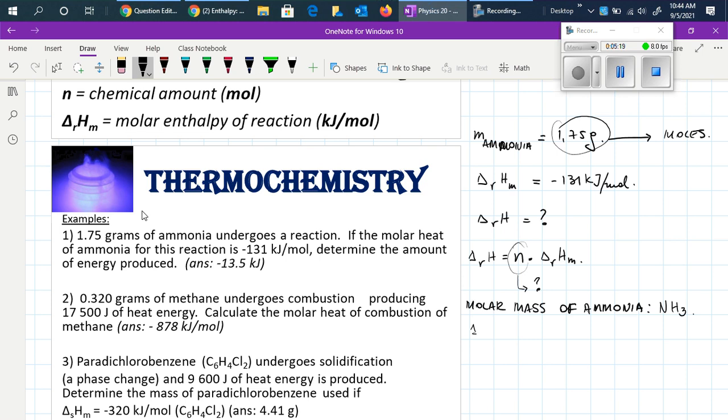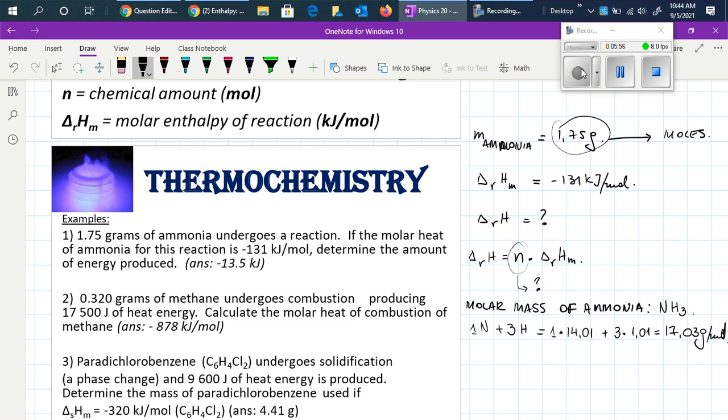That means that you have one nitrogen and three hydrogens. Then, on pages 1 and 2 of your data booklet, you can find that the molar mass of nitrogen is 14.01 grams per mole, plus three times the molar mass of hydrogen, 1.01 grams per mole, which gives you a total of, use your calculator and figure it out, 17.03 grams per mole.